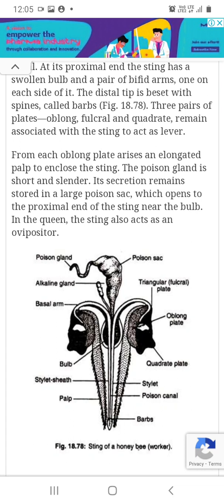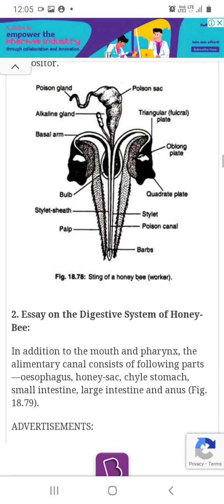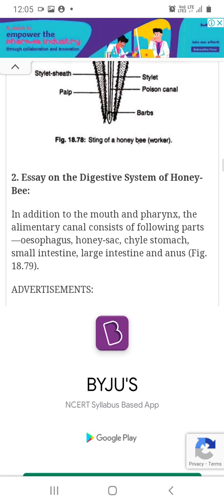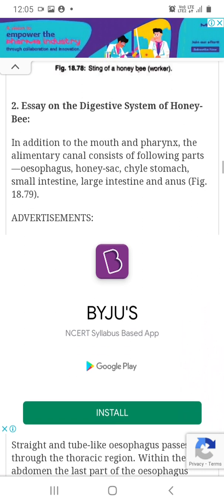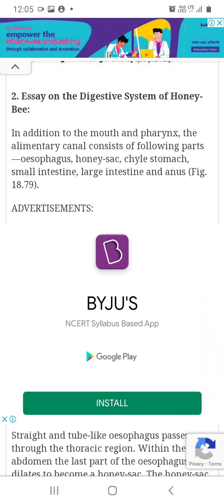Its secretion remains stored in a large poison sac, which opens to the proximal end of the sting near the bulb. In queen, the sting also acts as ovipositor. This is the thing which I had already discussed in the previous class.